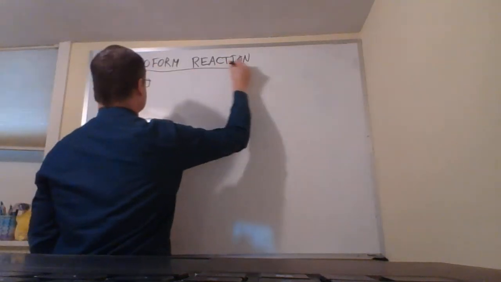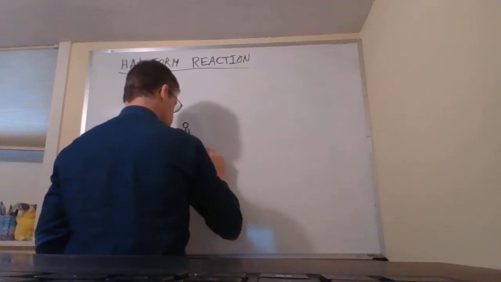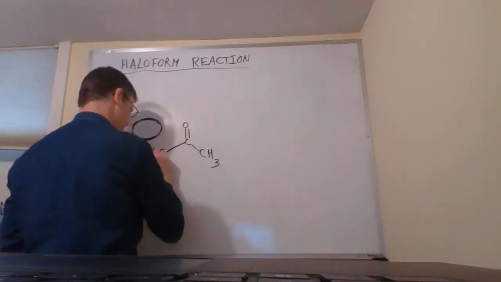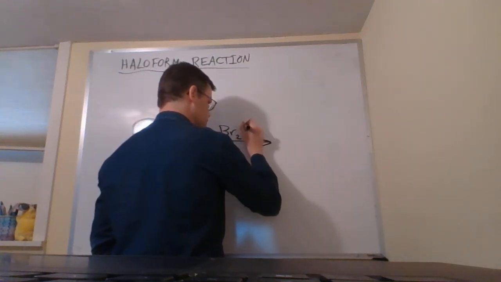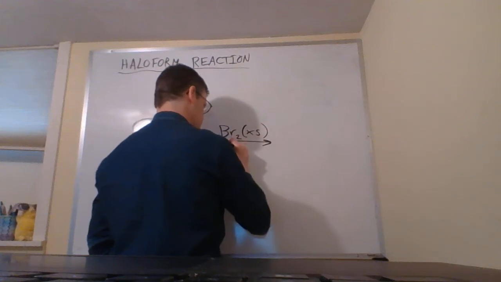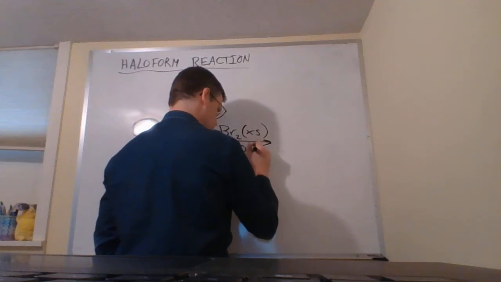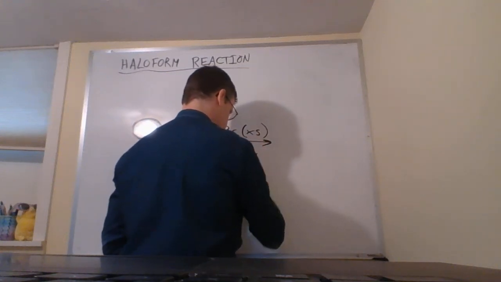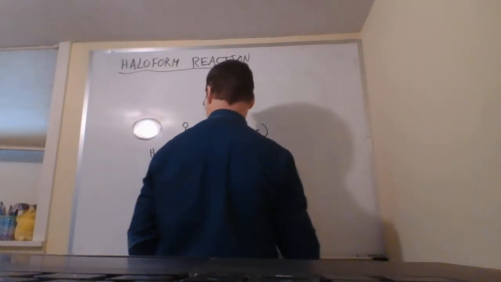This is one of the products of this reaction that we're going to see. And this will typically happen with methyl ketones, so I'll just use a really simple one, acetone, and let's use Br2, and we're going to use excess of that, and then hydroxide. We'll do sodium hydroxide, and we'll probably have some water in there as a solvent or present.